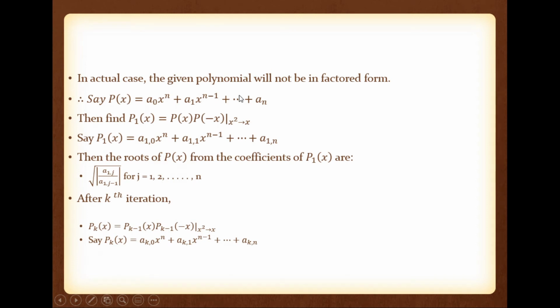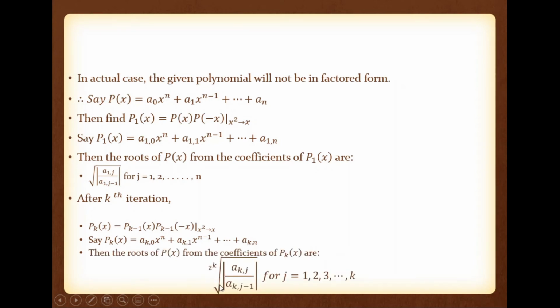We can find the absolute value of the root of the original polynomial by using the coefficients of pk of x, and that is the 2 raised to k th root of the magnitude of ak comma j divided by ak comma j minus 1, for j equal to 1, 2, 3, etc. n.